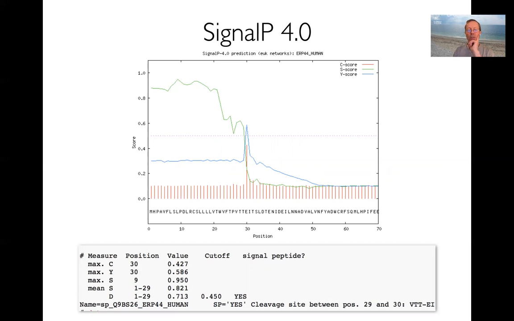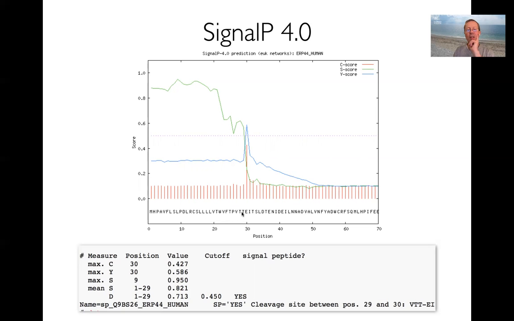So you can see the summary down here. Because this is high, the prediction is yes, this is a signal peptide, and the predicted cleavage site is between this threonine and this glutamic acid, right in here. And looking by eye on this, you can see, yes, there is kind of a long N region here with at least one positive charge. Then you have a hydrophobic region.